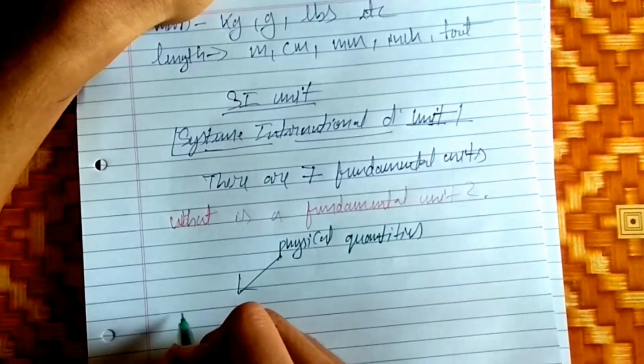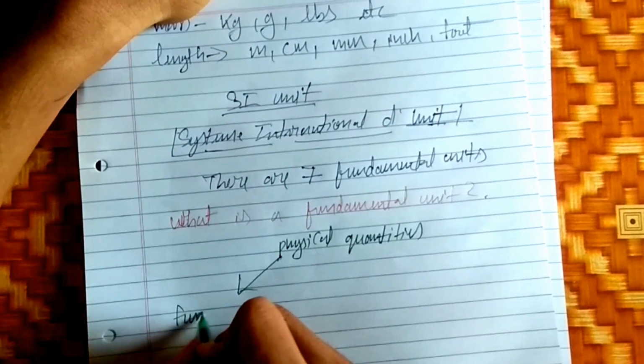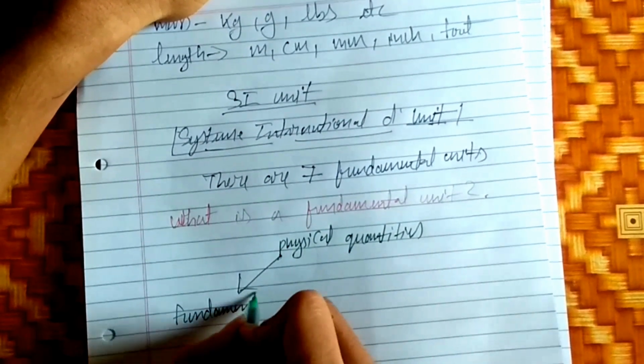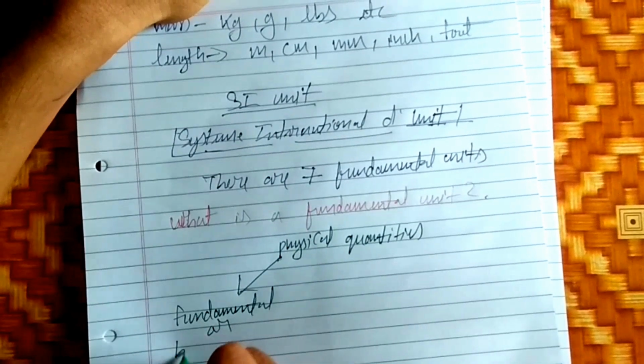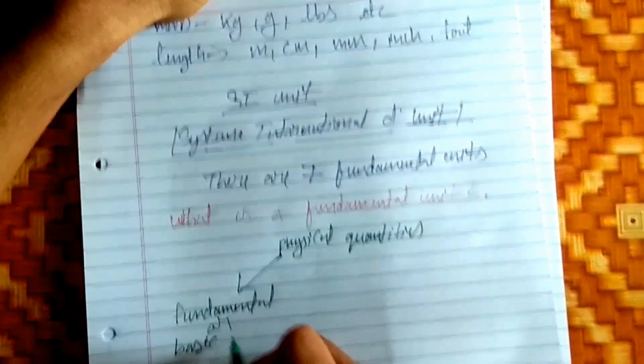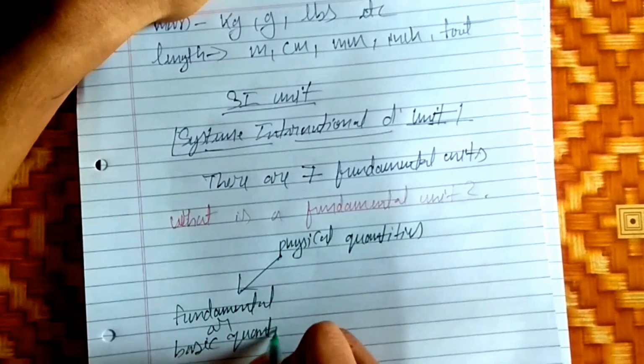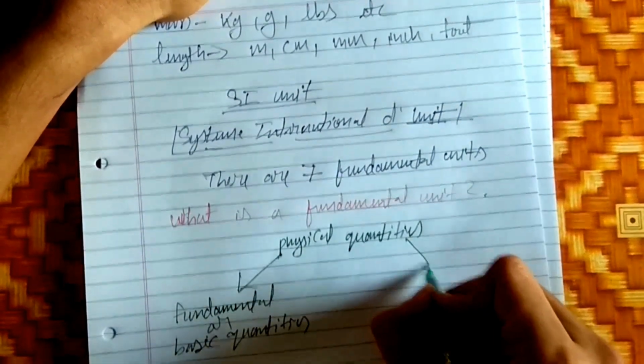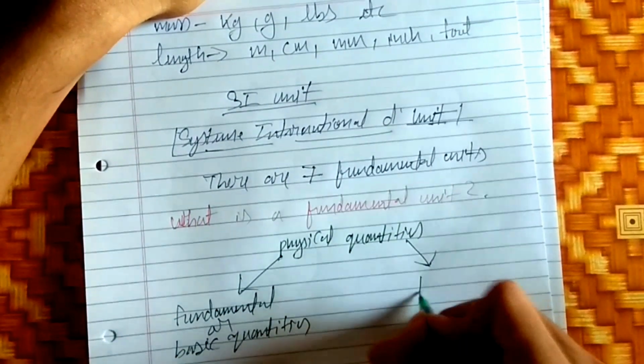One is the fundamental or basic quantities, and the other is derived quantities.